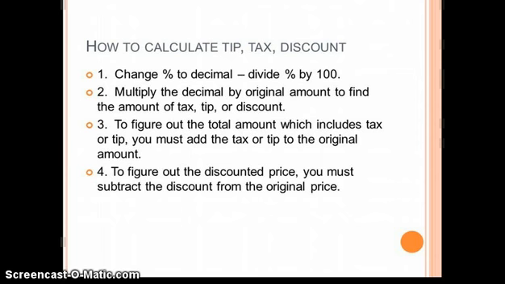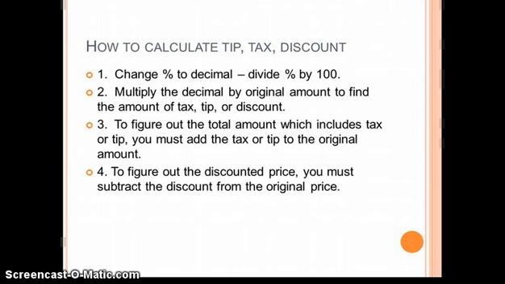And then step 3, if you are dealing with tax or tip, you are going to take the amount that you figured out from step 2 and add it to the original amount. And then in step 4, if you are finding the discount price, instead of adding it because you're saving money, you're going to subtract the discount from the original price.